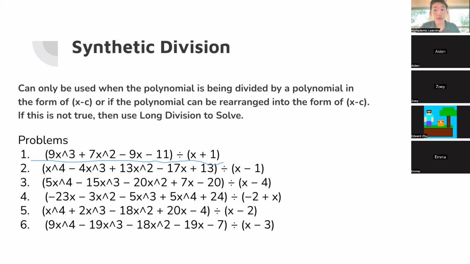All right, if you haven't already, just put your answer in the chat box, and we'll go over it. All right, so the answer to number 1, it would be 9x squared minus 2x minus 7 minus 4 over x plus 1.